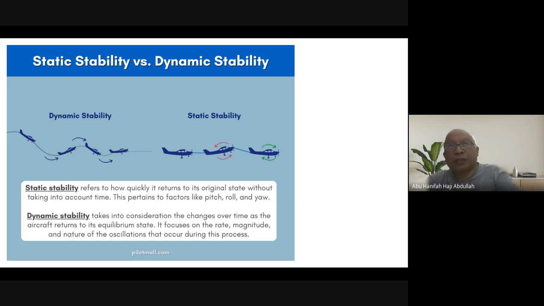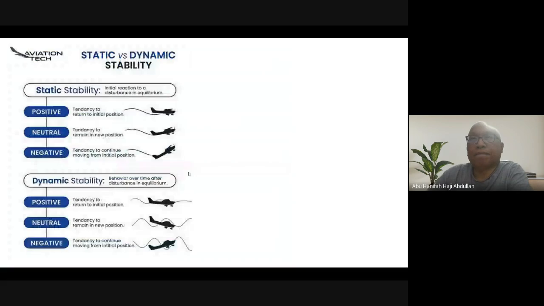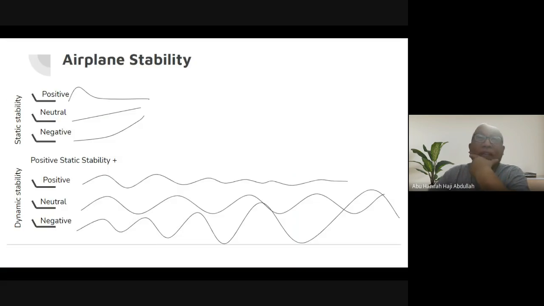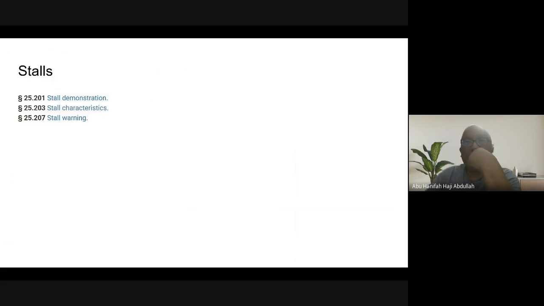So that is static stability and dynamic stability. Again, there is some definition of static and dynamic stability. The subject is really difficult to understand, so you can see what is static stability and what is dynamic stability.